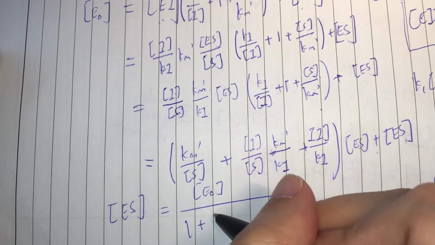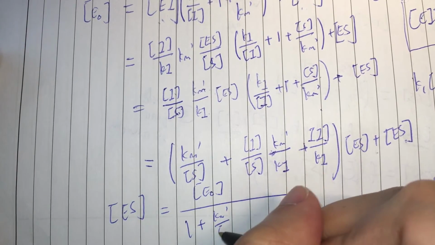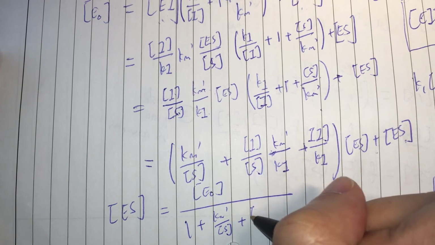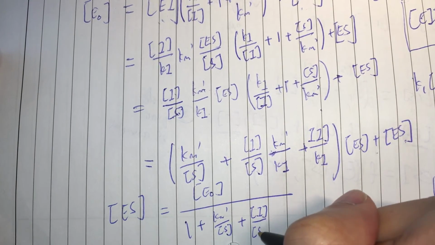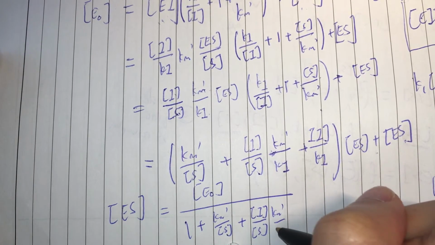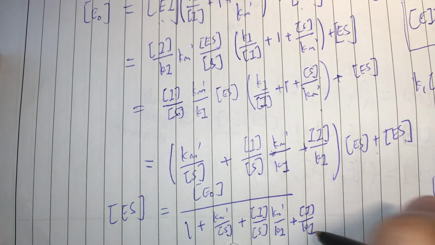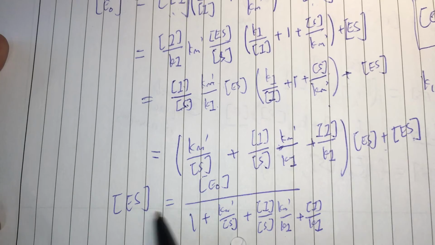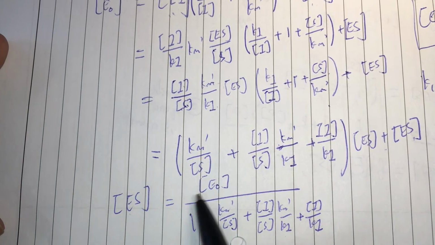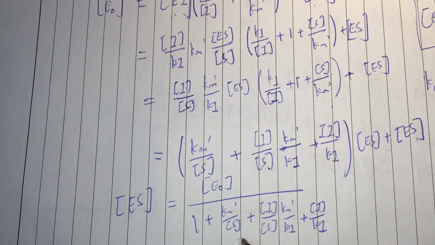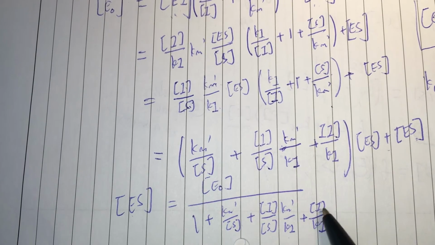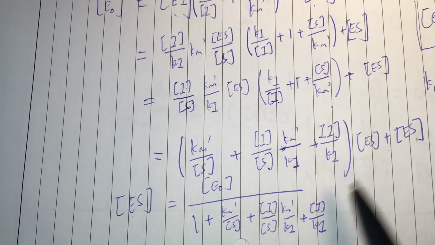So I have 1 plus Km prime over S plus I over S Km prime over Ki plus I over Ki. And now we have an expression for ES only in E naught, S, and I. And of course the equilibrium constants, Km prime and Ki.